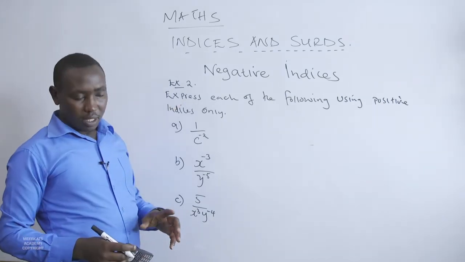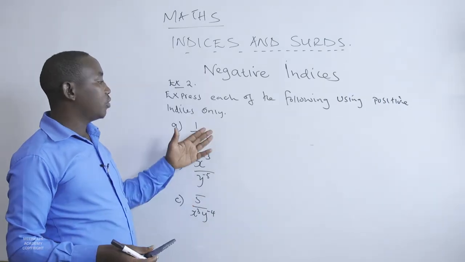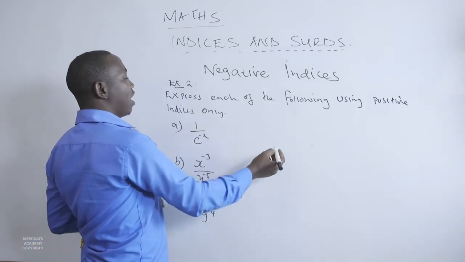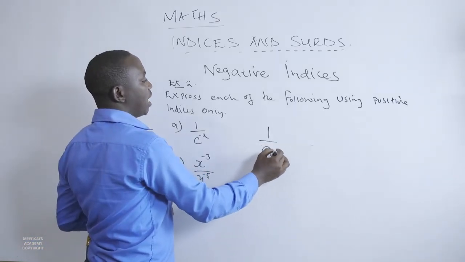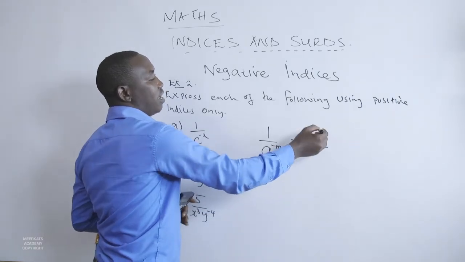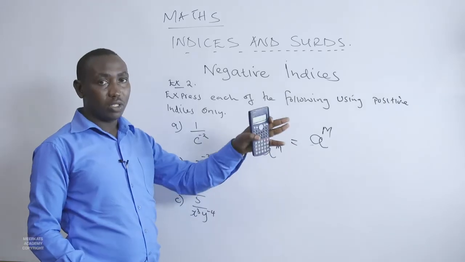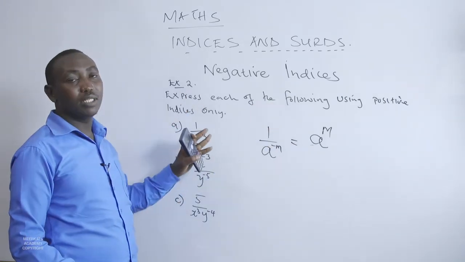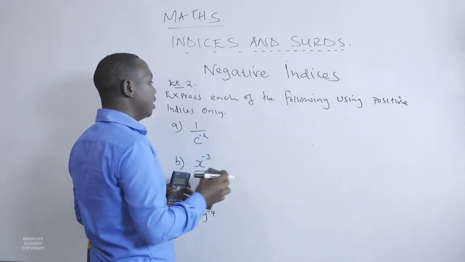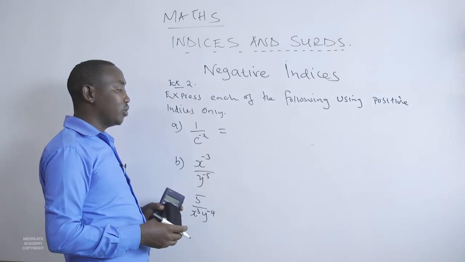In these particular cases, we are going to apply what we learned in the second item on negative indices: if you have 1 over a raised to negative m, then the reciprocal of this is a raised to a positive power m. So we're going to base our understanding of these three examples on this. The first case, we have 1 over c raised to the power of negative 2.